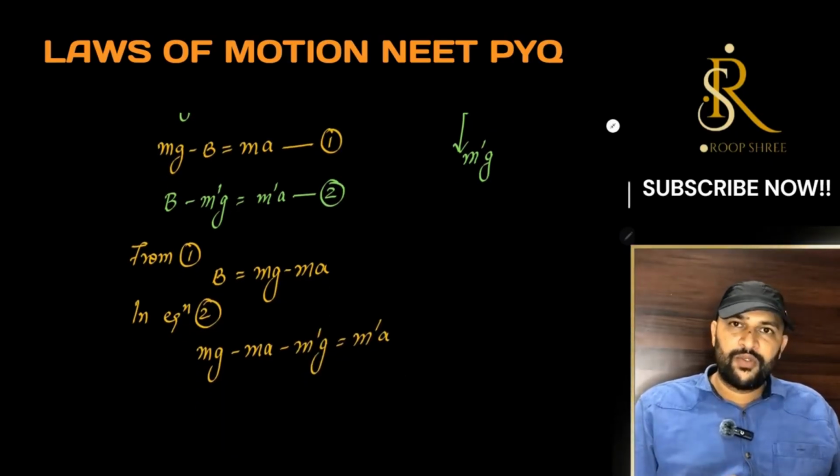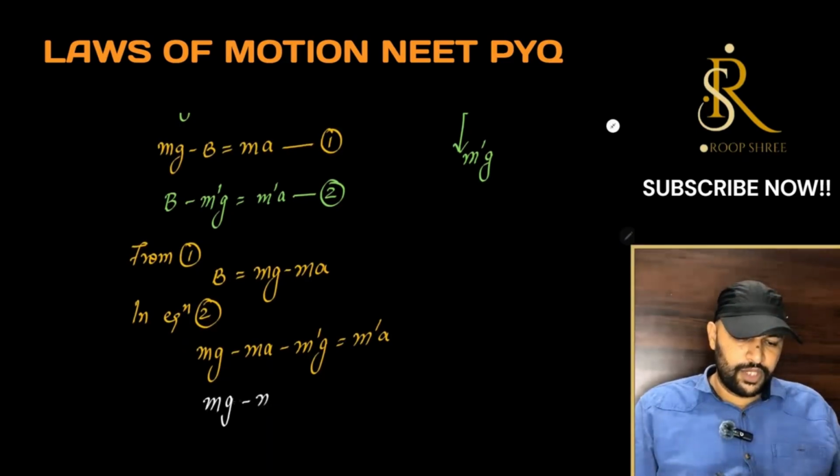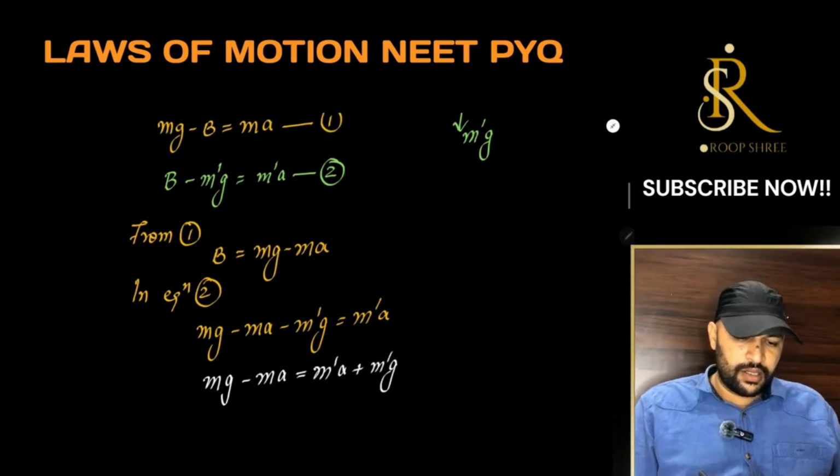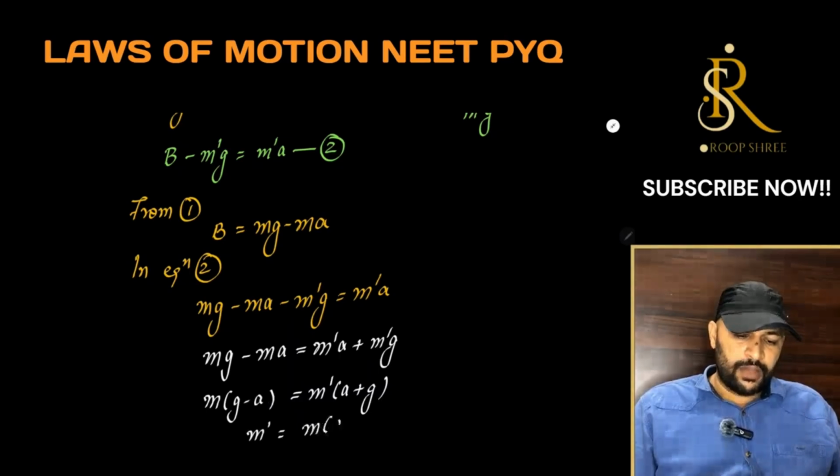What we have to find is the new mass m dash. So mg minus ma equals m dash a plus m dash g. Let's take m dash common, which gives a plus g, and on the left-hand side let's take m common, which gives g minus a. Now m dash will be equal to m(g minus a) divided by (a plus g).